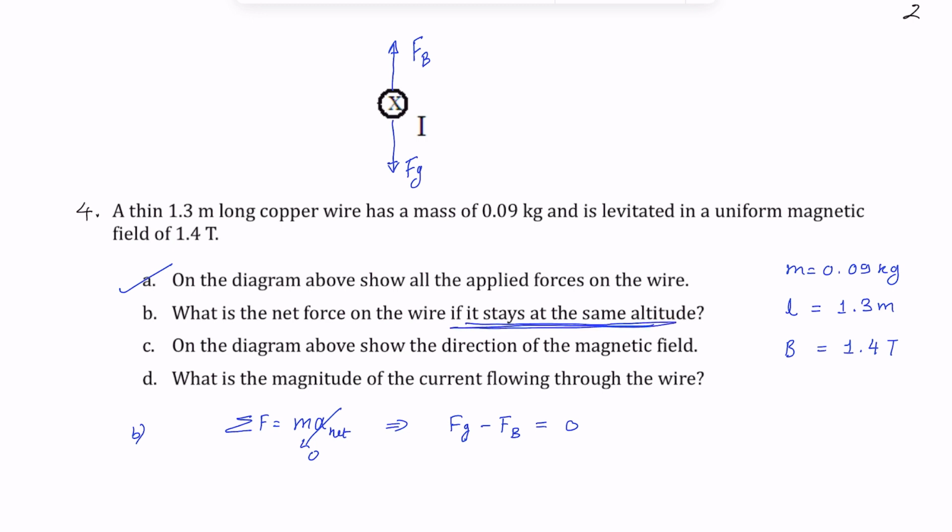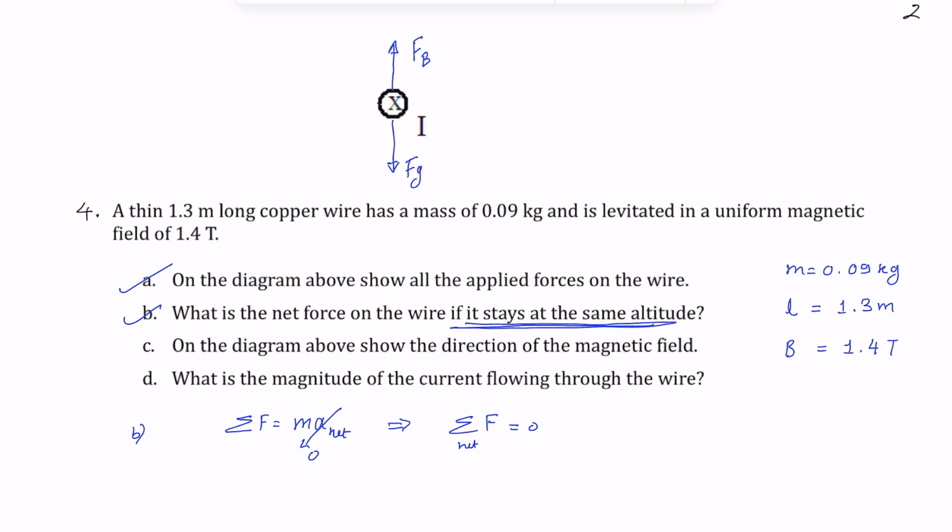It stays at the same altitude, and this means that even I didn't have to answer this. This was not needed right now, and just from this equation, net force is equal to 0. So you have answered that. Now the important point: we have to understand that this is staying at the same altitude. That means that the forces are balanced, right?